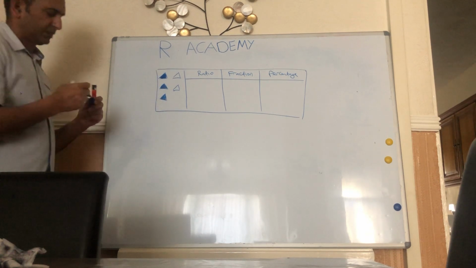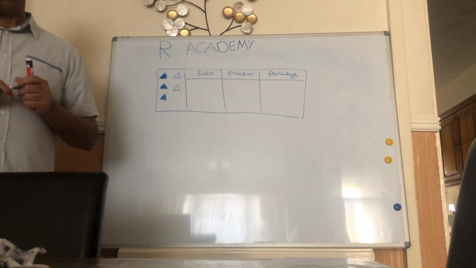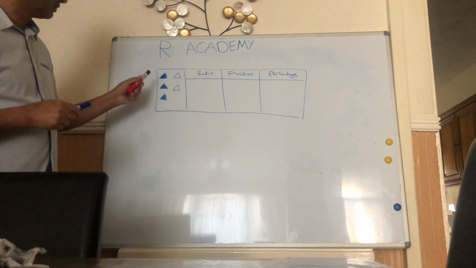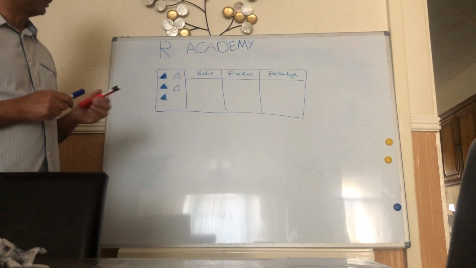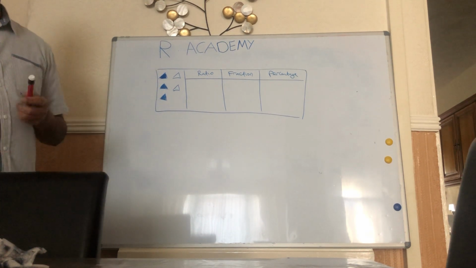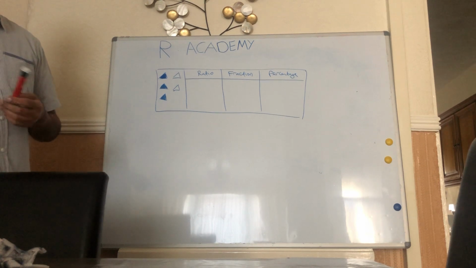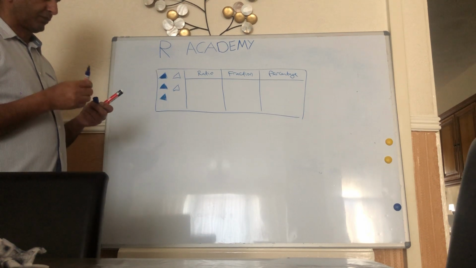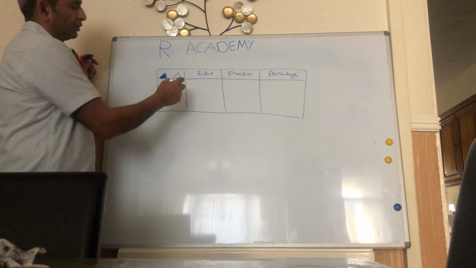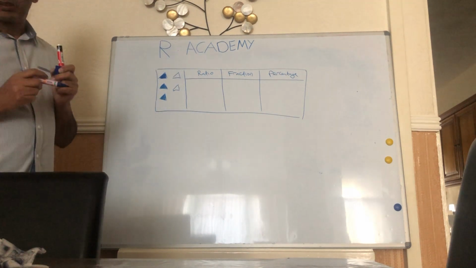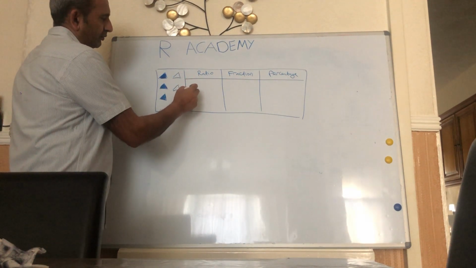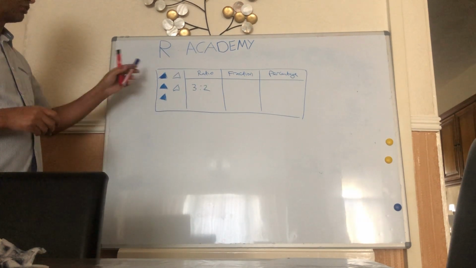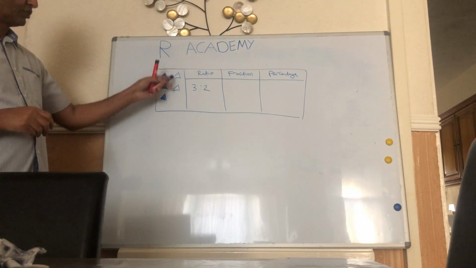We just want to work out the ratio of the tenths relative to the blue only. So the ratio of these tenths, if we're judging on the blue, would be 3 to 2. Why is it 3 to 2? Because there's 3 tenths to the 2 tenths.